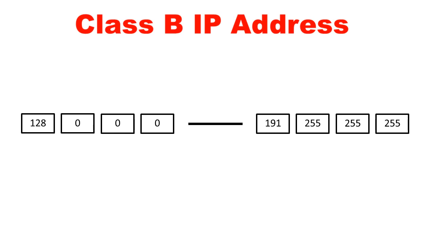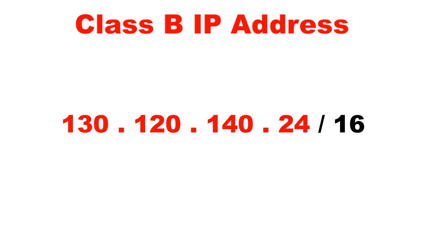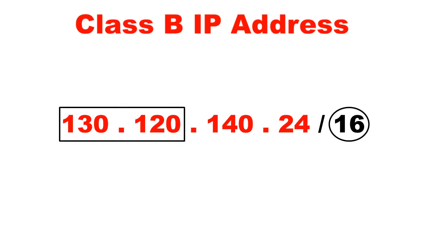Let us give an example of a class B IP address: 130.120.140.24. This is a 16-bit address because the first and second octets hold the network value, that is 130.120, and the remaining 2 octets hold the host value, that is 140.24.